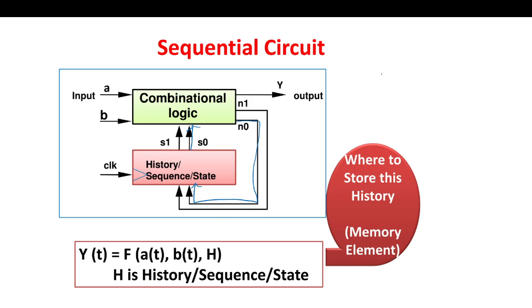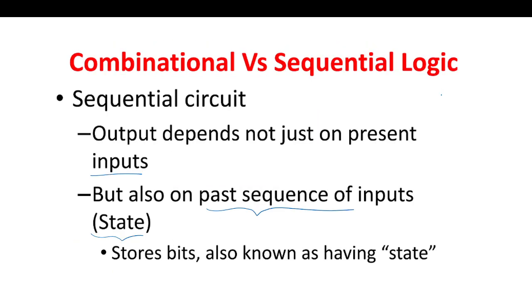For the sequential, F depends on the A input with respect to time, B input with respect to time T, and the H, which is the previous state or the history or the sequence. So there is some memory.